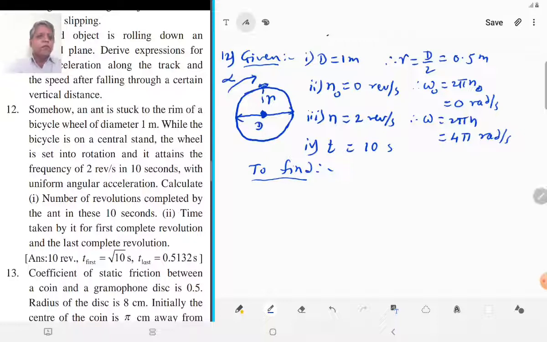That means to find out, if we consider capital N is the number of turns in these 10 seconds, so the time can be represented by t suffix n, and this value of n is to be calculated.